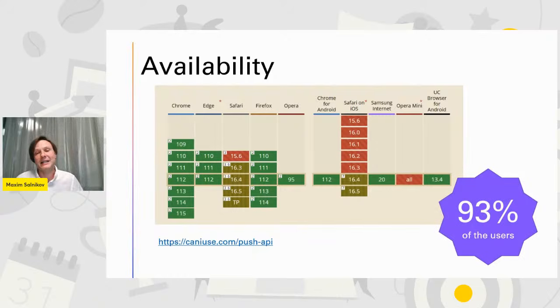That gives us an impressive number that 93% of internet users, I mean, according to calculations of caniuse, can receive web push notifications. I mean, I see no blockers for businesses to go and implement this super powerful feature for pretty much all web products and web services where it's relevant.